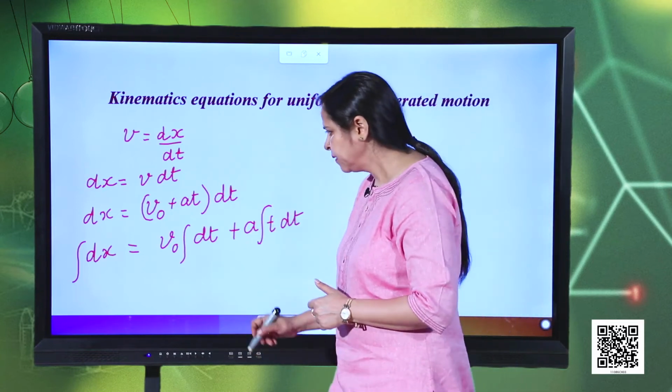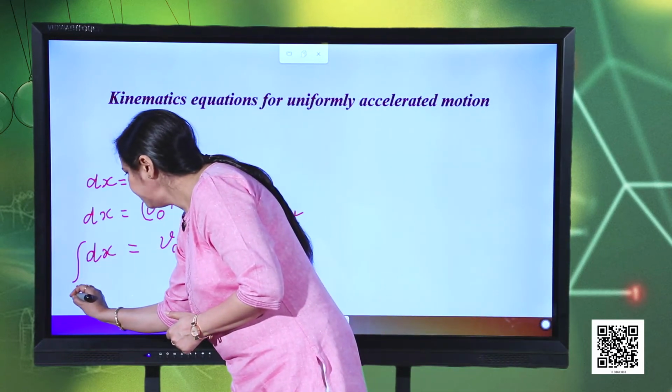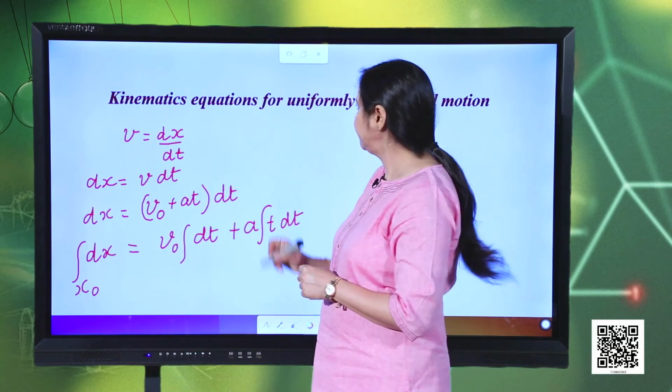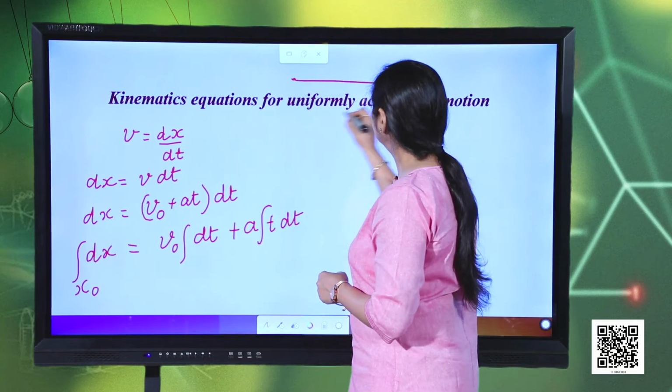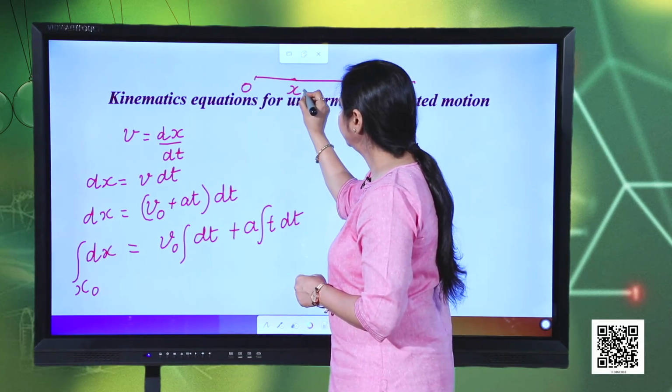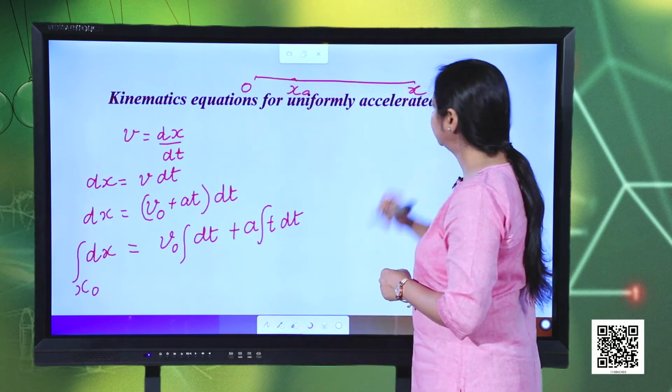Now, writing the limits, the lower limit is x naught. If you remember, we have considered between the 2 points A and B, this point to be the position x naught, and here we consider it to be x.